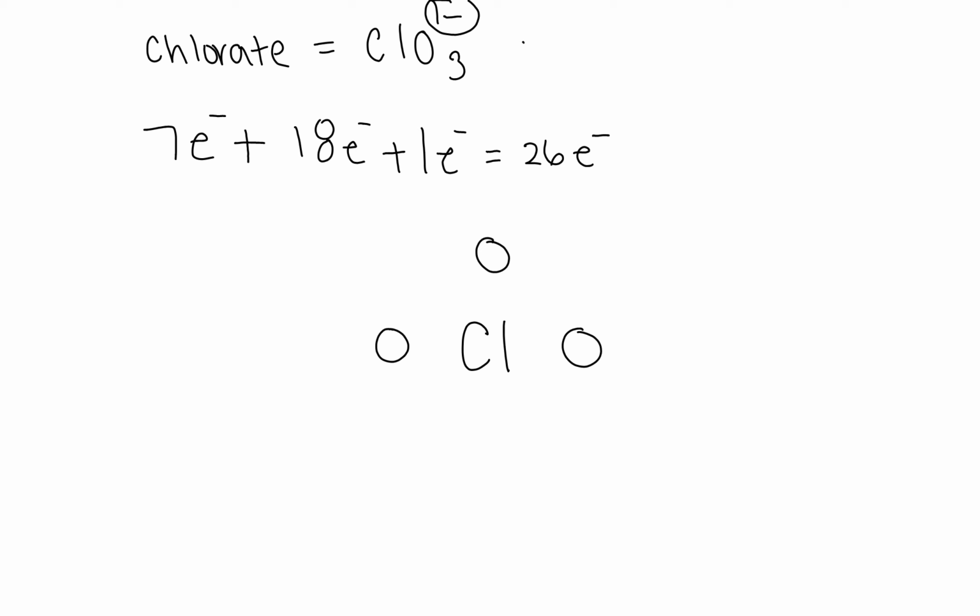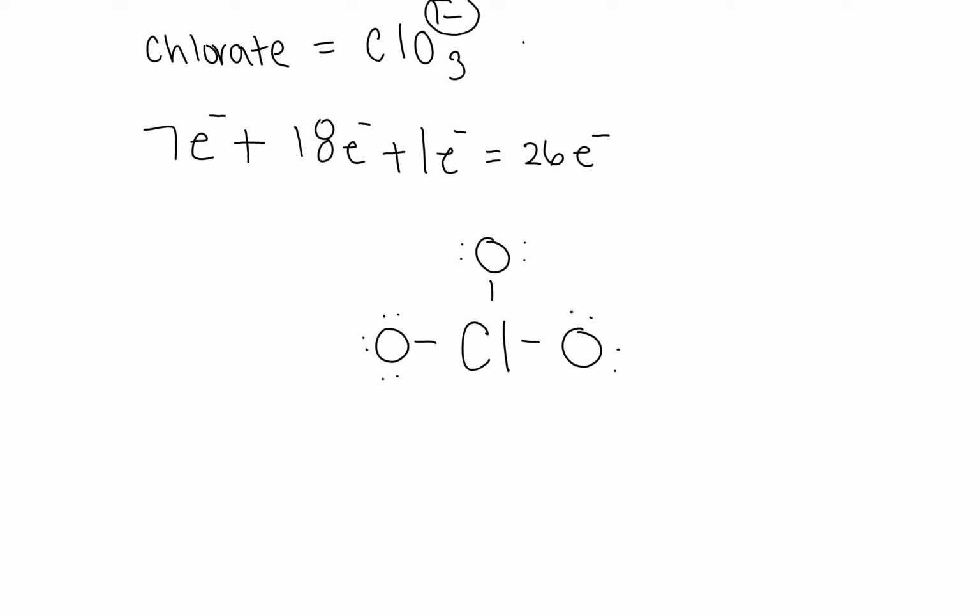We put the bonds together in between, which gives 2, 4, 6 bonds right here. Of course, oxygen will need its 8 electrons, so we would have our electrons on there.